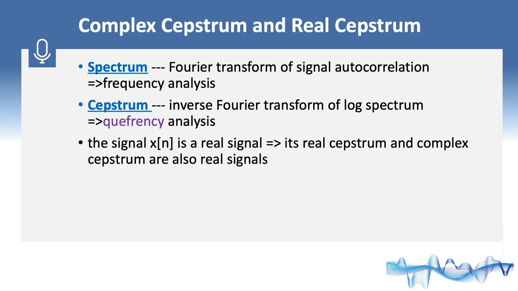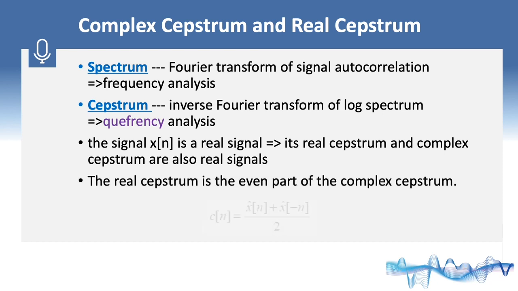If the signal x[n] is a real signal, then its real cepstrum and complex cepstrum are also real signals. The real cepstrum is the even part of the complex cepstrum. Generally speaking, we can call real cepstrum as cepstrum.